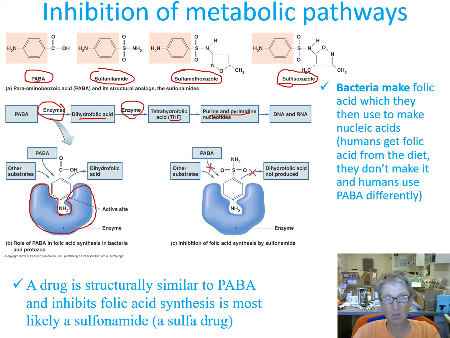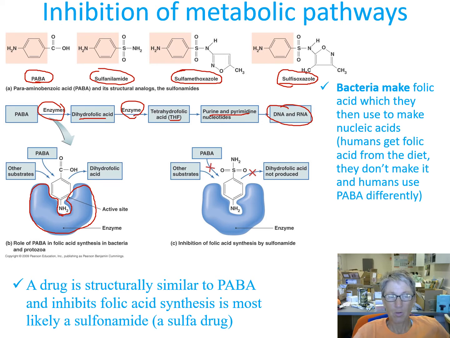That's A, T, C, and G, and U. And then from these nucleotides, you can make bacterial DNA and RNA. So then in the cartoon, it's got PABA as a substrate and dihydrofolic acid coming off as a product.